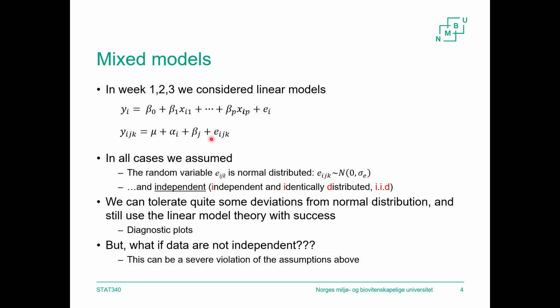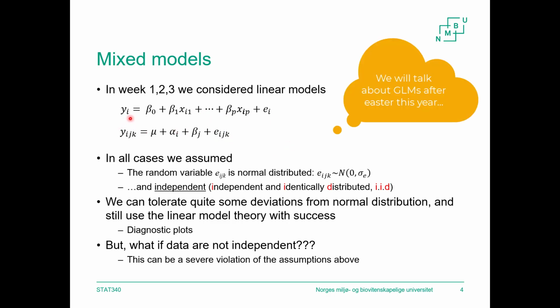These parts here will not change, but this part will. If you remember back to before Easter, you talked about generalized linear models, and that was for different responses, right? Where you had either a binary response and you used logistic regression, or you had counts and you used Poisson regression.